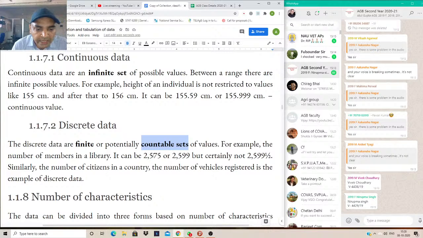An example of a library is given. It can be 2575 or 2599, but cannot be like 2599.5. So they take a whole, particular value, which is countable in nature and finite in nature. Such type of data is known as discrete.